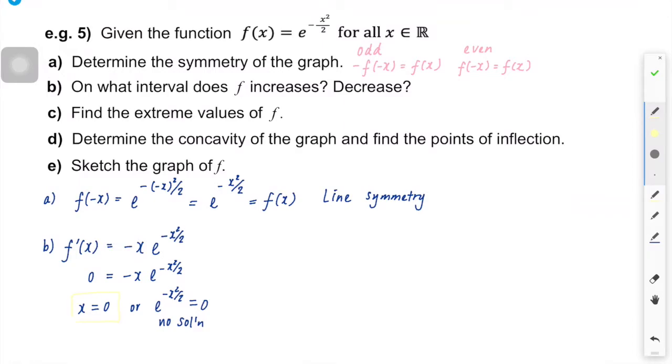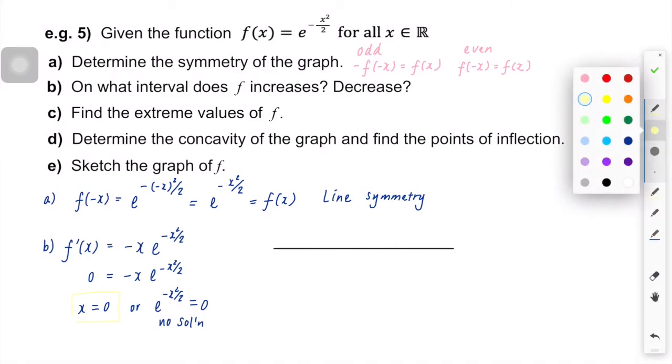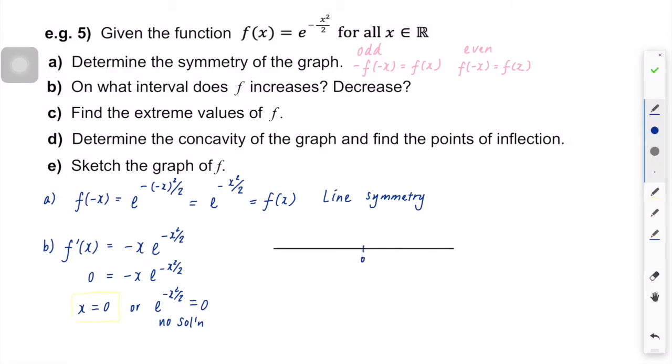Let's use this information and test points to see when this function increases or decreases and what type of extreme values we have. I'm just going to have a number line ready. And on this number line, I'm going to mark 0. That's my key point here.